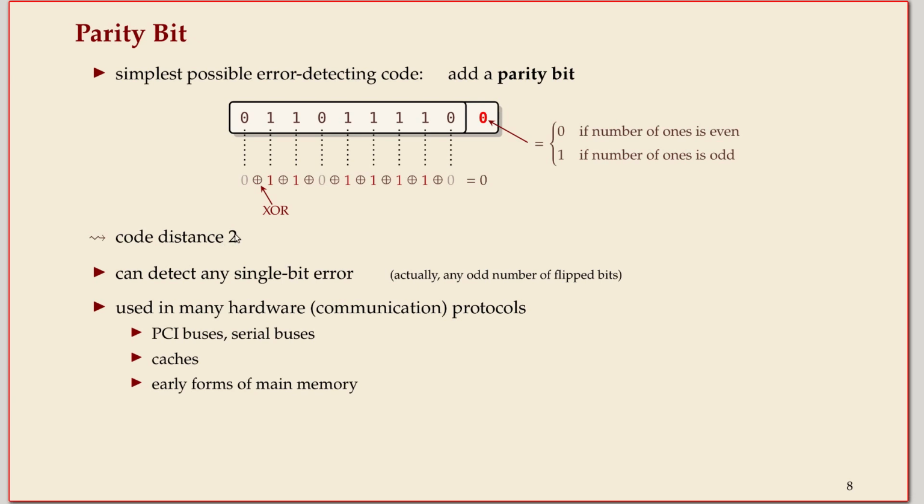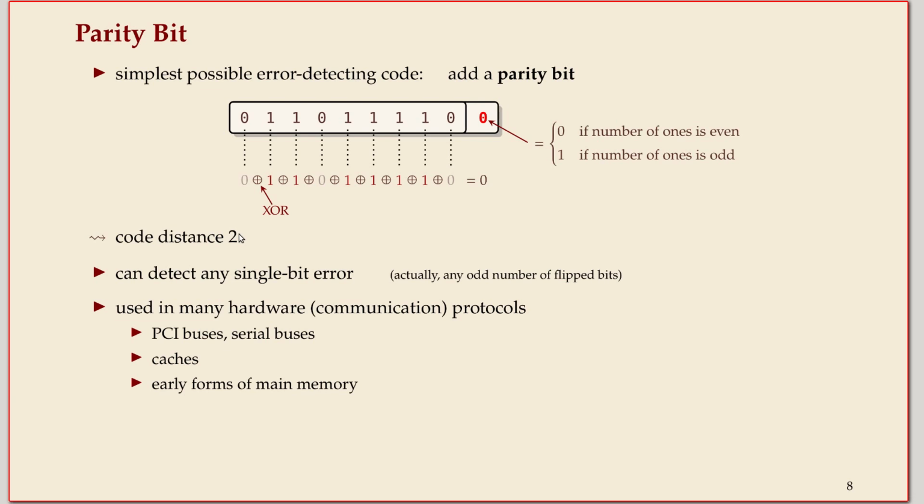If you think about it, it has code distance 2, because exactly flipping one bit makes the parity bit invalid. But then whenever you flip 2 bits, that actually brings you back to the same parity. That might take a little thought, but the code distance is only 2.